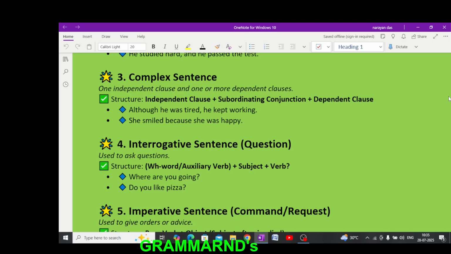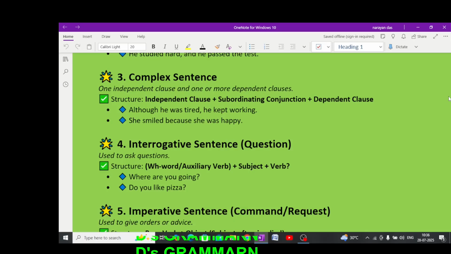And the structure pattern as given: independent clause, or you can say main clause, plus subordinating conjunction, which are what, which, whom, where, when, if, so, because, etc. plus dependent clause. Here the point to be remembered, the subordinate clause begins with a subordinating conjunction, but main clause begins with subject.